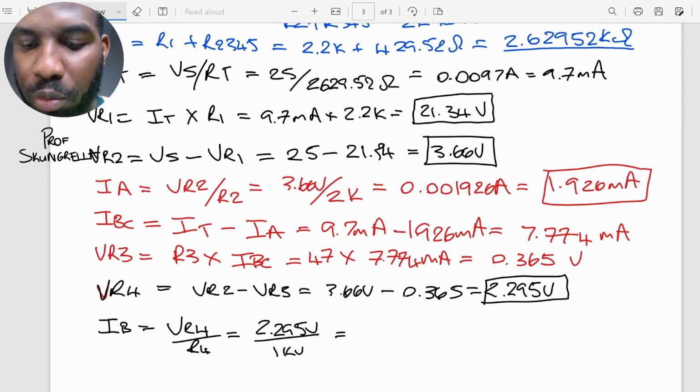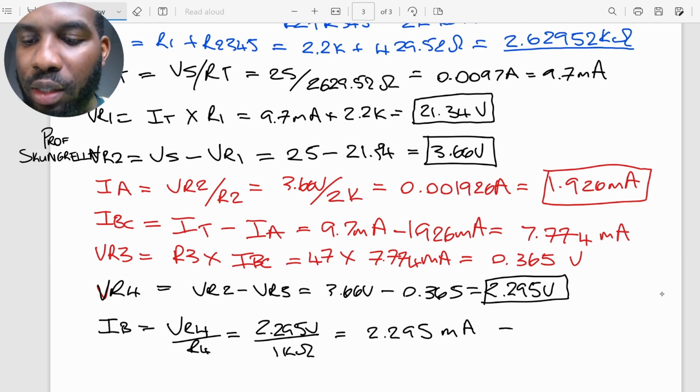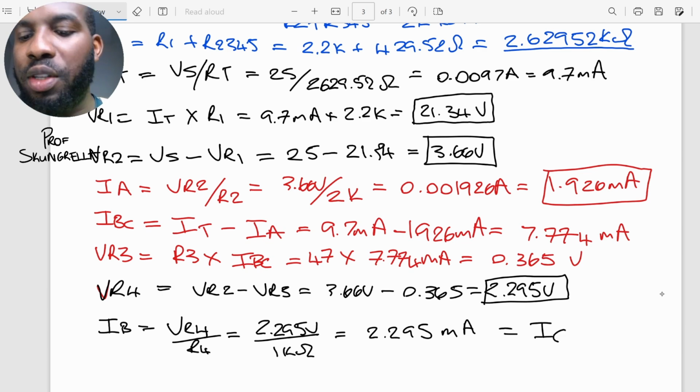So 1 kilo ohm, which gives us 2.295 milliamps. Now, of course, whatever IB is, this is the same as IC, because they have the same resistance.